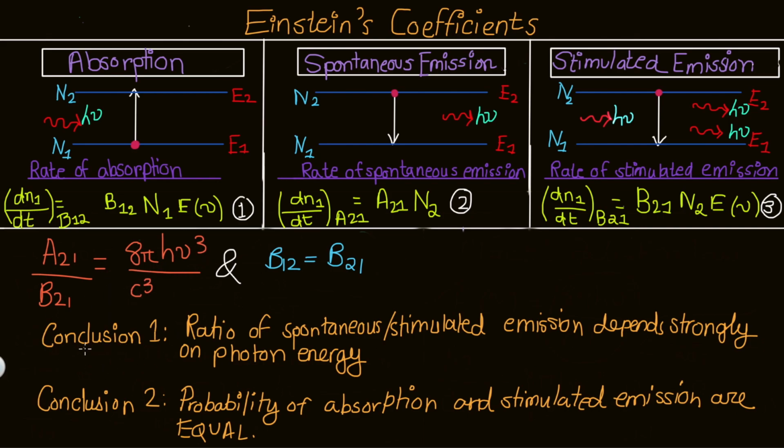So the first conclusion that we can draw from this is that the ratio of spontaneous emission and stimulated emission depends strongly on the photon energy, as you can see over here. And conclusion number 2 is that the probability of absorption and stimulated emission are equal over here.